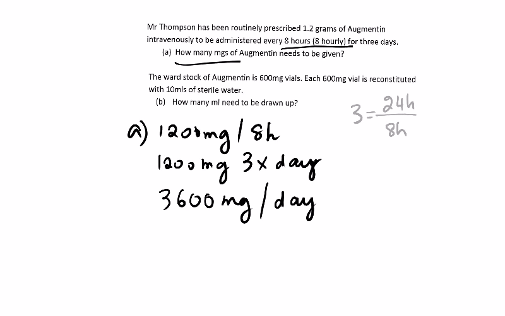Now, what if we needed to know the quantity for the 3 days? Then we would say, well, if for 1 day, per day means 1 day, we are giving 3,600, we would need to give 3 times more to actually be able to give quantity for 3 days. So now we would multiply 3 by 36 to get the total there.